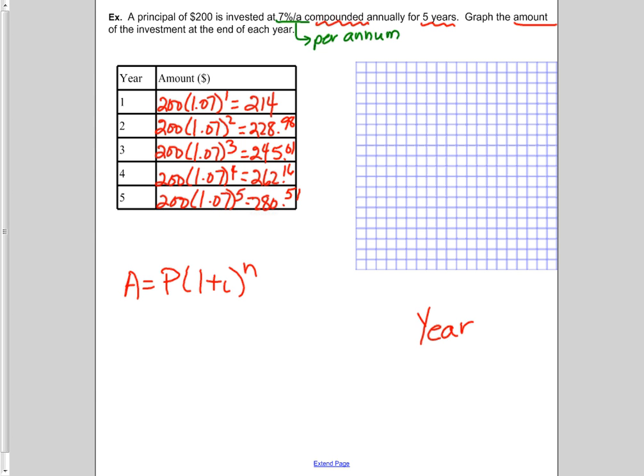The amount of the investment depends on how long you leave it in the account. That will be in dollars. Let's see, I want 5 years. I think every third will fit nicely.